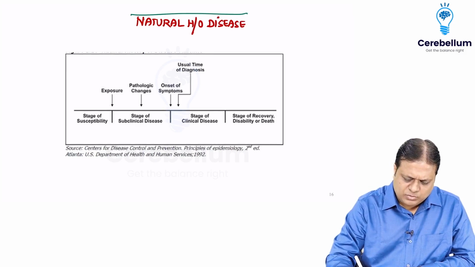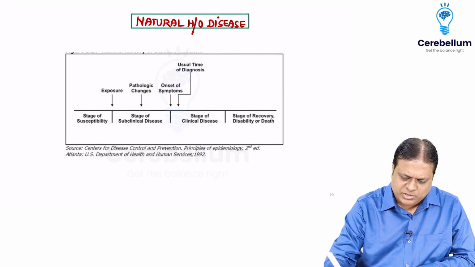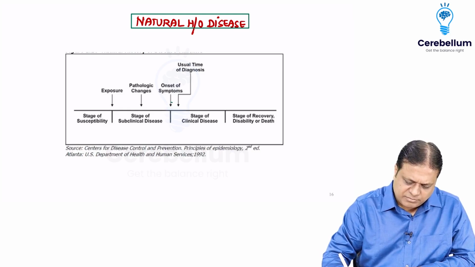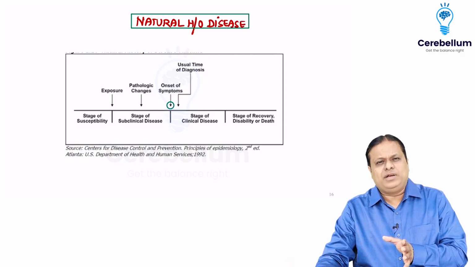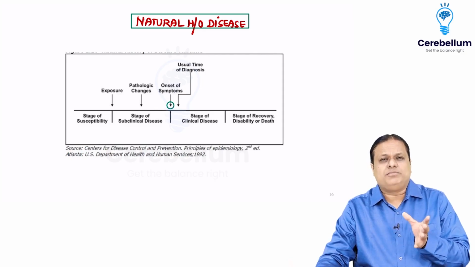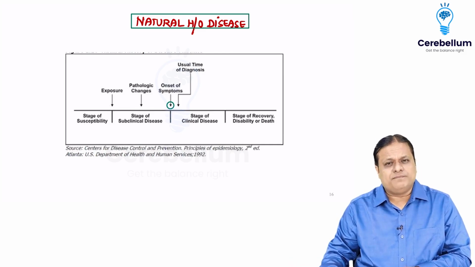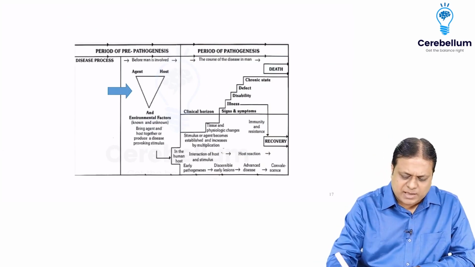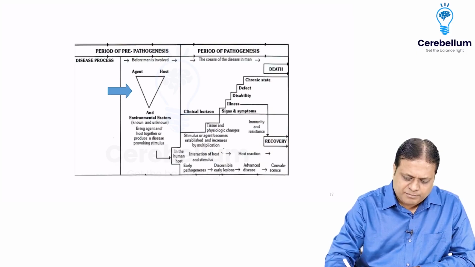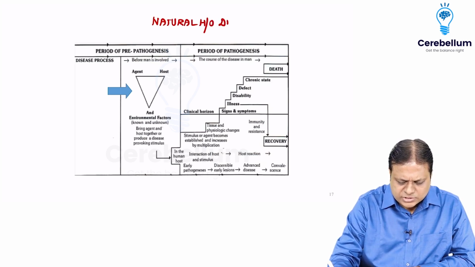They may ask you any particular point, like this particular point has been asked in your examination. So between subclinical disease and clinical disease is going to be the onset of symptoms, then only we will be able to detect the disease in the person. What is this known as? Yes, this is absolutely the same. Progression of disease without any intervention. So natural history of disease.